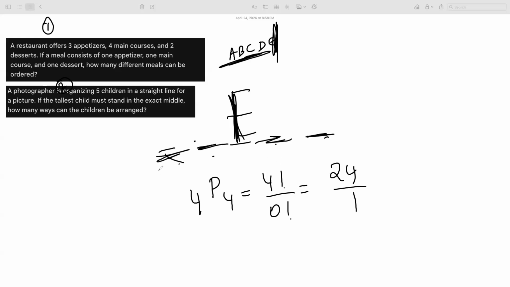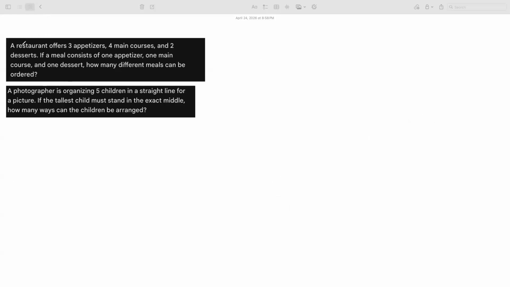So with the tallest child being in the middle, there are 24 ways. Make sense, guys? Probability is a hard chapter, guys. That's why I always want to do any number of problems anytime possible.